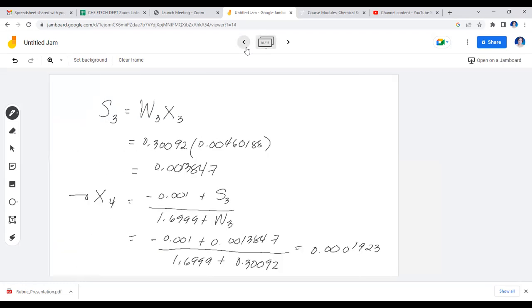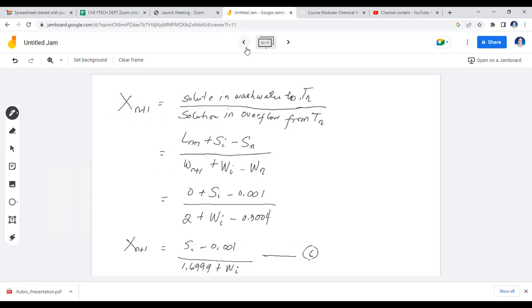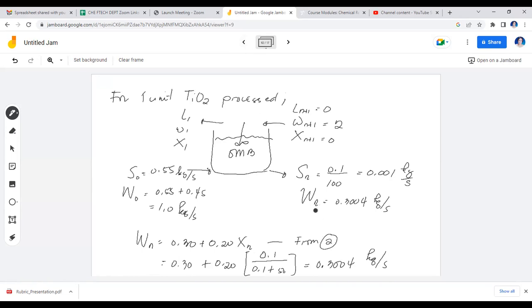Because we got this Sn and Wn, which will lead us to the Y sub n, also equal to X sub n from the overall material balance. So, here is our guide on where to stop solving for X from the overall material balance. You take your Y sub n here, also equal to your X sub n from your solute, and for your solution values or amounts in the slurry leaving your nth thickener.